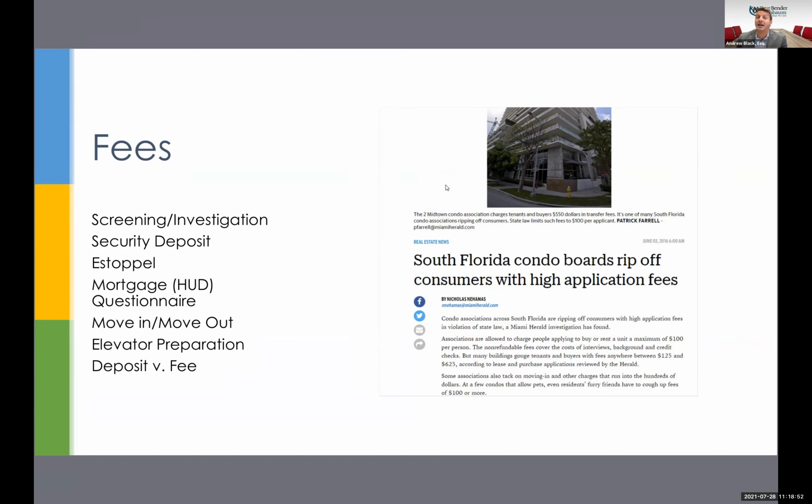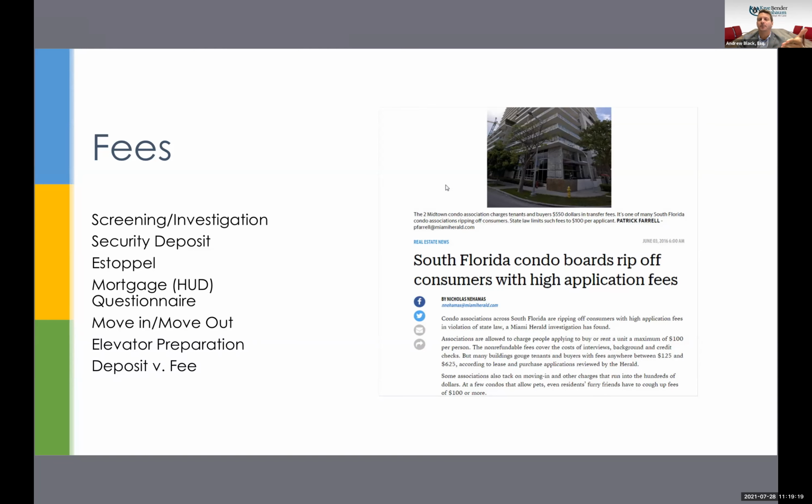If your governing documents allow a security deposit, the law does allow associations to charge that. It's a maximum of 1 month's rent. When you get a copy of the lease agreement, you see what that monthly rental amount is, and if your documents allow it, you can charge that security deposit up to that 1 month's rent.